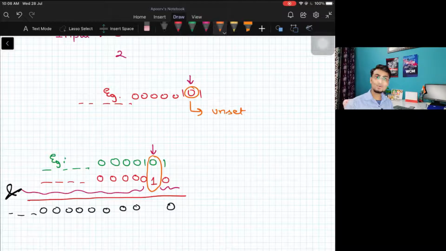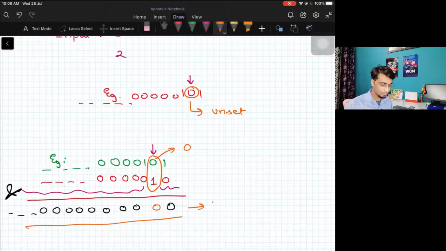So either we get some non-zero number, or we get a 0. Let's say here the bit is 0. So 0 AND 1 is 0, and the resultant number is a 0.